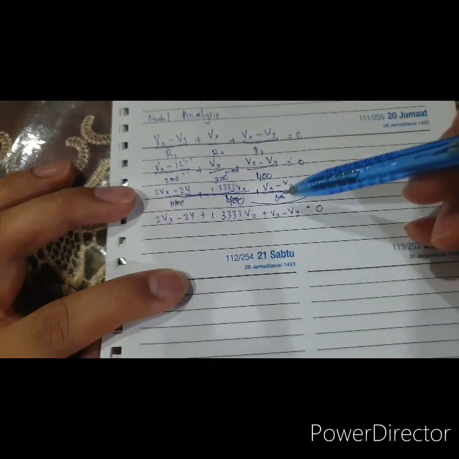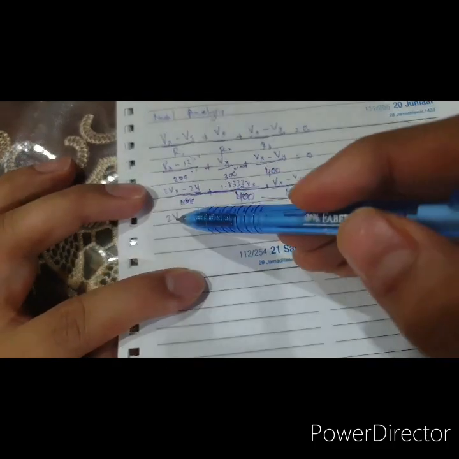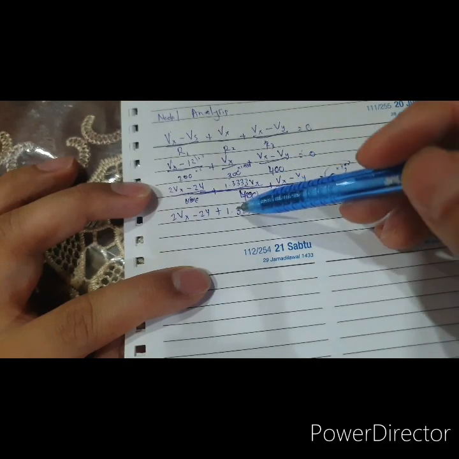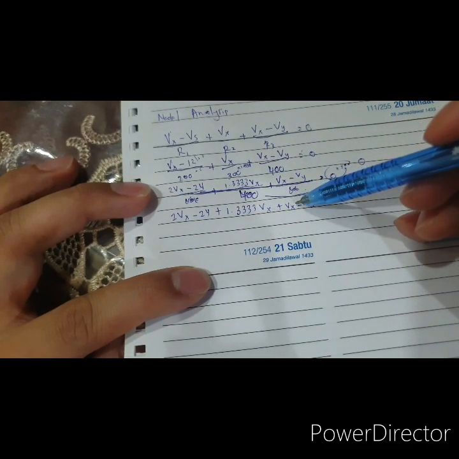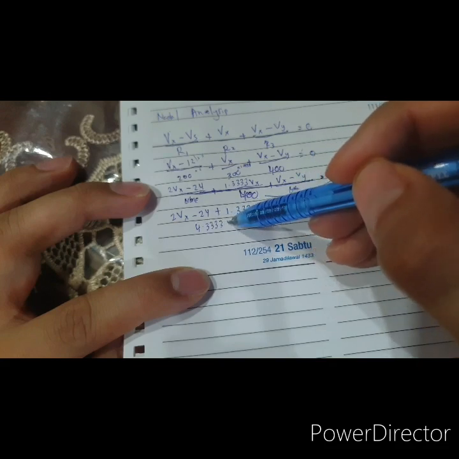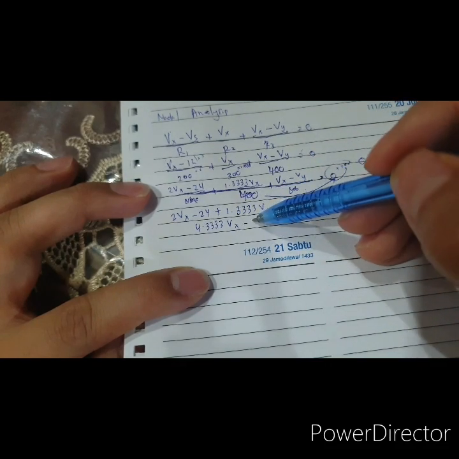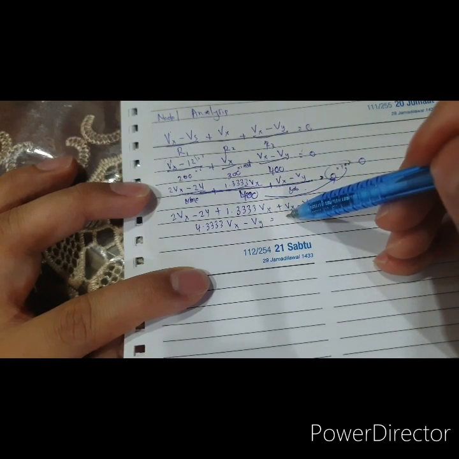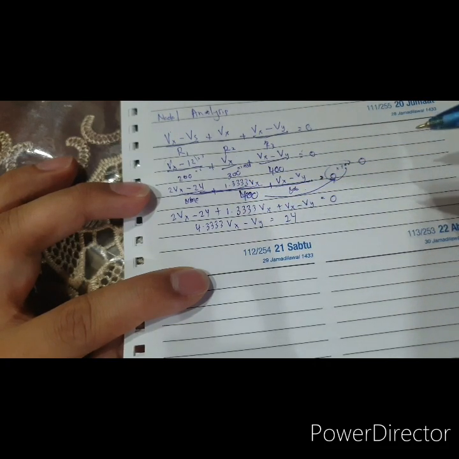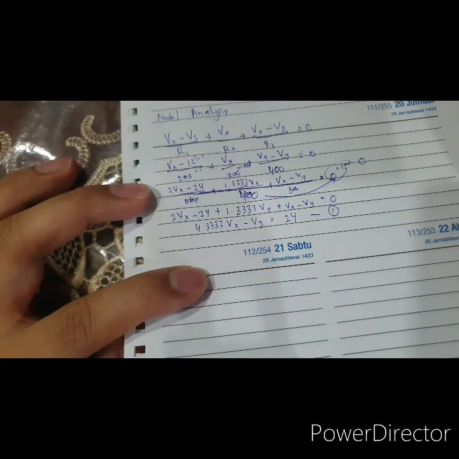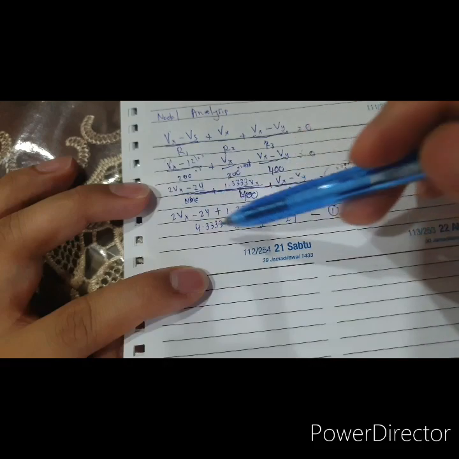Okay, so pembawah dah tak ada dah. Okay, and then kita samakan Vx, Vx, Vx. Kita samakan. So ada 2, 3.33, 4.333. So 4.3333 Vx minus Vy. This one kita bawakan ke sini. So dia akan jadi positif 24. Okay, this one is equation 1. Okay, this one is for Vx branches.